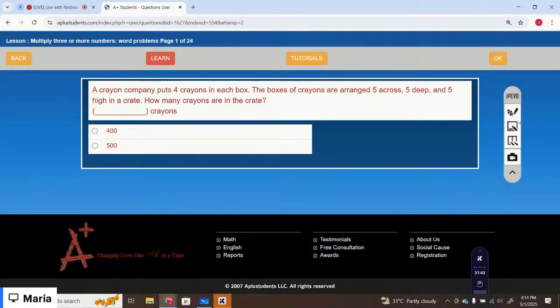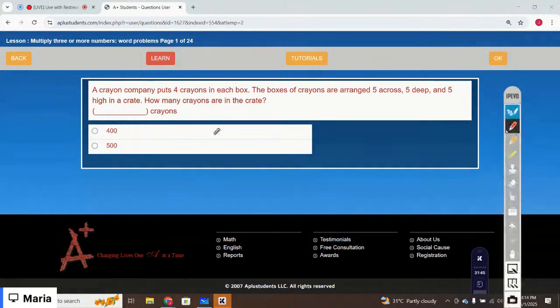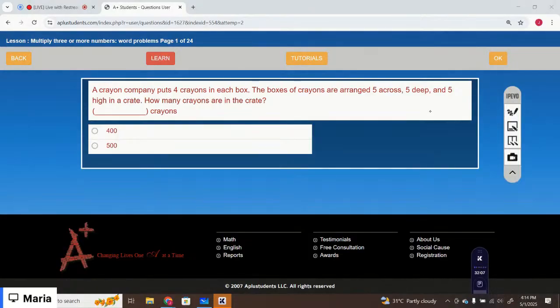So that is four times five times five times five. Five times five is 25, 25 times four is 100, and 100 times five is 500. So the correct option is 500. Option number two is the correct option.